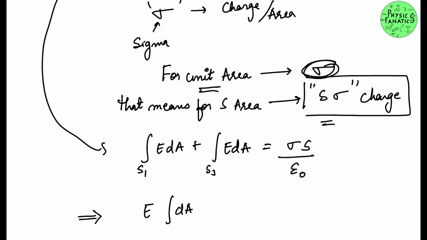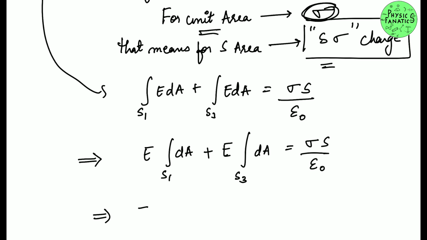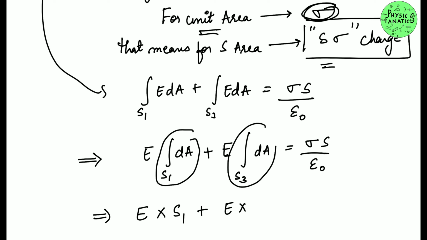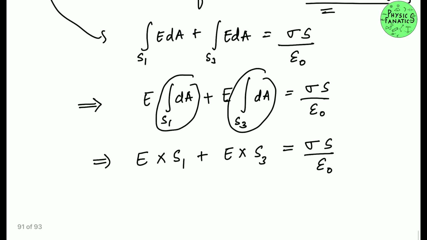So this will be E multiplied by the integral of dA over S1, which gives the S1 area, plus E multiplied by the integral over S3, which gives the S3 area, equal to sigma S upon epsilon naught.